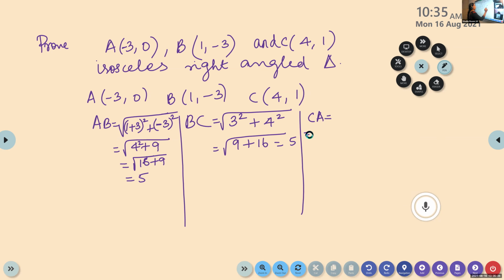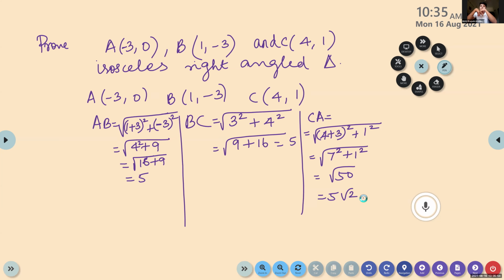What is CA? 4 minus of minus 3, so it will become 4 plus 3, the whole square, plus (1 minus 0), which is 1 square. So we will get 7 square plus 1 square, so root 49 plus 1, root 50. How will you simplify this? 5 root 2. Very good.